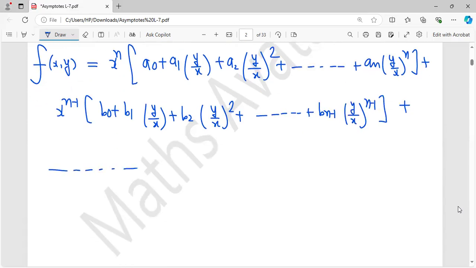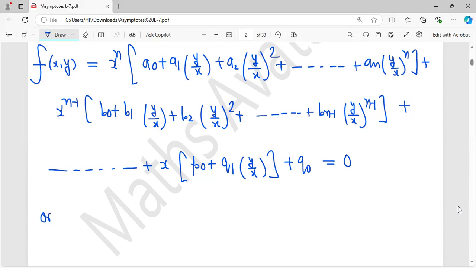And so on, plus x common, p0 + q1 (y/x) + q0, is equal to 0.